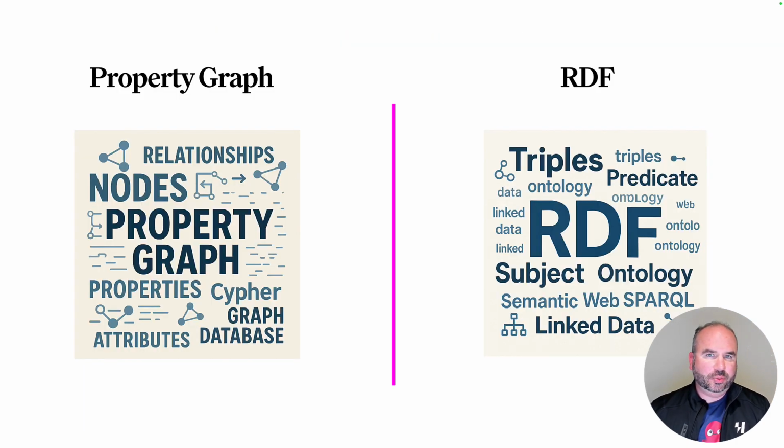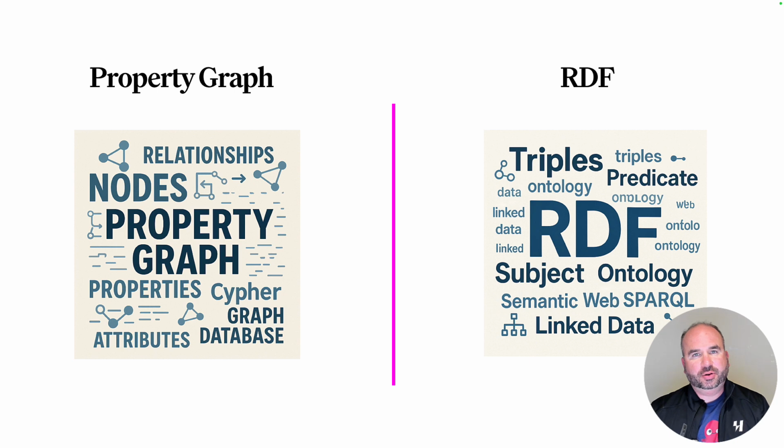If you're familiar with the graph ecosystem at all, you've probably heard some of this terminology, but property graph and RDF are typically thought of as two totally different paradigms for working with graphs. In the property graph world, we're thinking about nodes, relationships, key value pair properties.